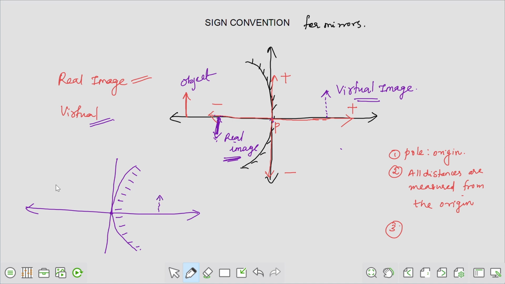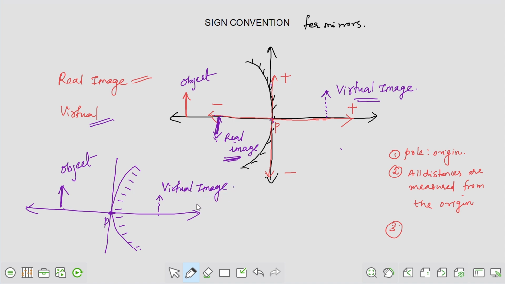The object is always at the left side, and this meeting point, the midpoint of the mirror, is the pole. So here we have only two cases. One, you should remember the object position: for both concave and convex mirrors, the object is always placed at the left side. For the image, the virtual image is always at the right side.